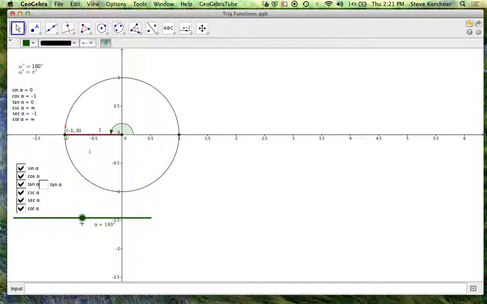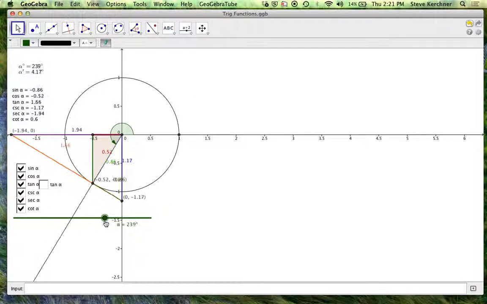At 180 degrees, the secant has a value of -1, and so does the cosine. They're the same. Swinging into the third quadrant, as I increase, once again, the cosine is negative 0.83, and the secant is -1.21, the reciprocal of -0.83.